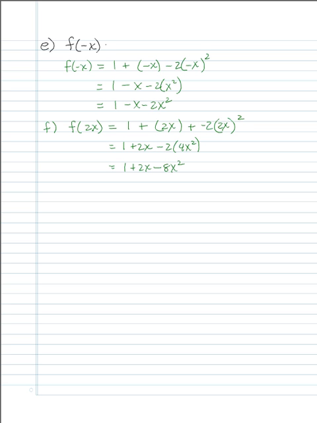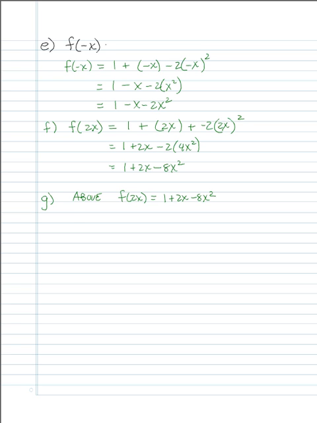Now, I said one more, but let me illustrate something here that's very important. What is this, G? Now notice above, and it's a very important piece to recognize here. Notice above that f of 2x we just calculated as 1 plus 2x minus 8x squared.